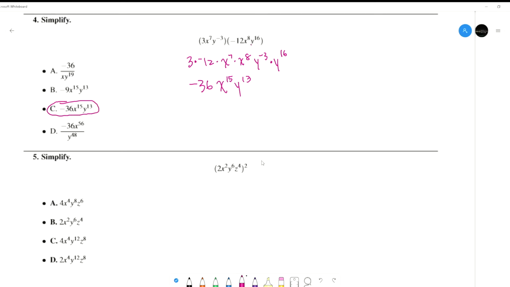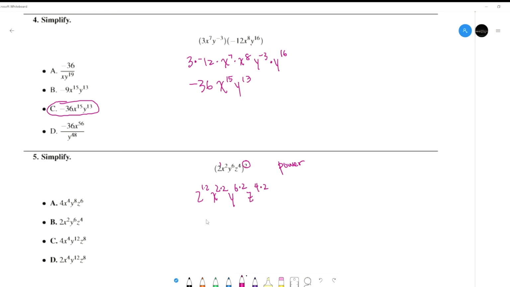For number 5, you see the 2, right? This squared is outside of the parentheses here. So this one is, I'm sorry, not the quotient, the power rule. So that means you take every exponent inside and multiply it by that 2. This first 2 here is to the first power. So that means 2 to the 1 times 2, x to the 2 times 2, y to the 6 times 2, z to the 4 times 2.